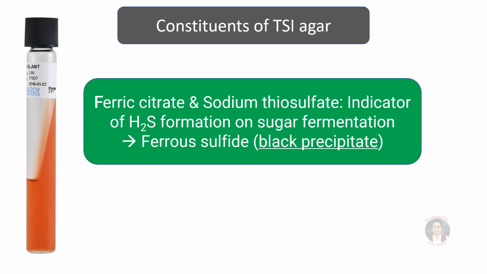Remember one very important point that I had mentioned earlier also, that H2S is formed only when sugars are fermented. That means the indicator of H2S, the black precipitation, is going to be seen only in the butt of the medium. That is where the anaerobic conditions are present.